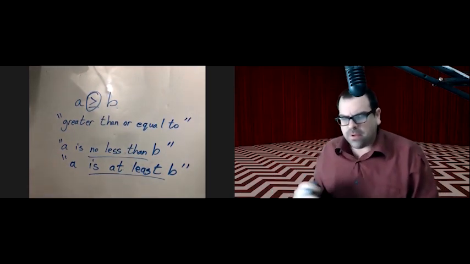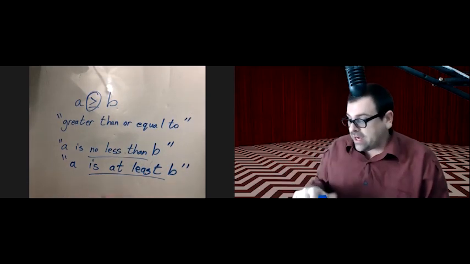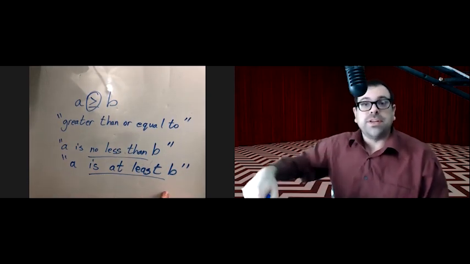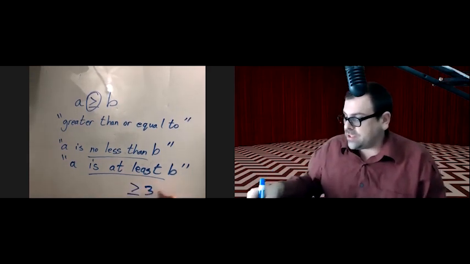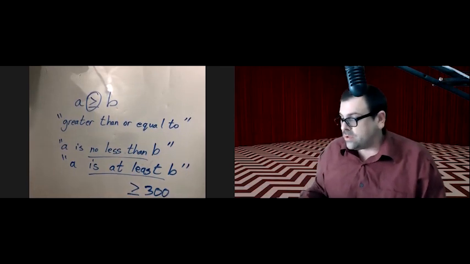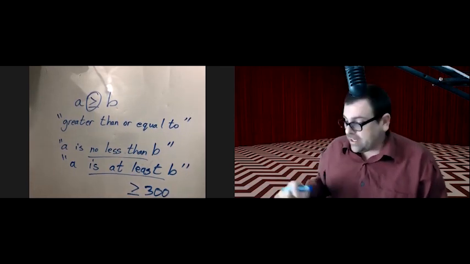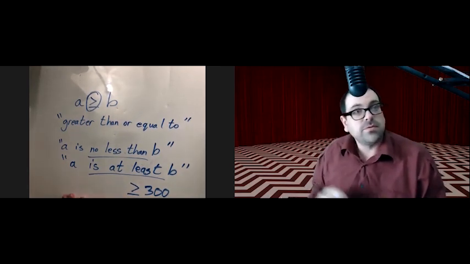So what kind of word problems? You need to build a fence that will encompass an area that is at least 300 square yards. At least 300 square yards would translate to greater than or equal to 300. Anything that's greater than or equal to 300 would be at least 300.